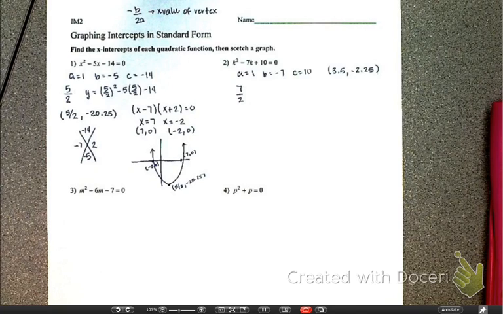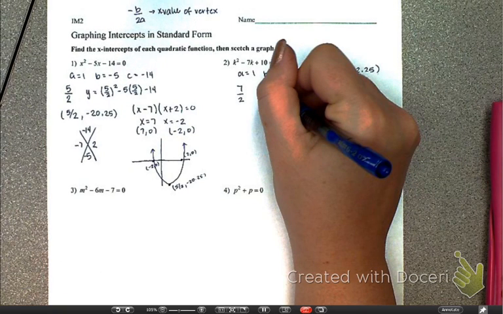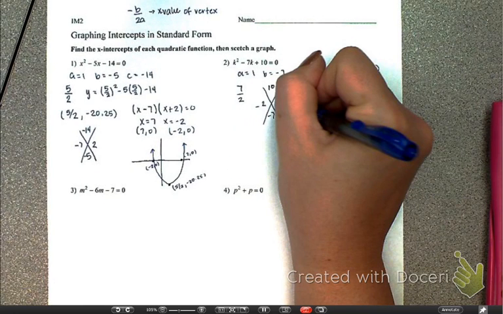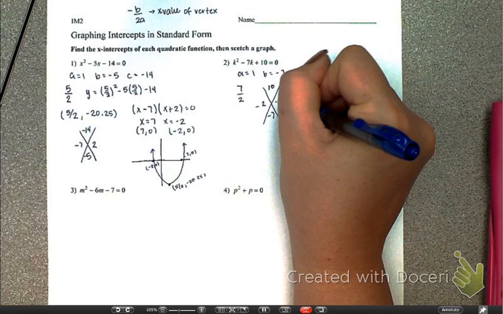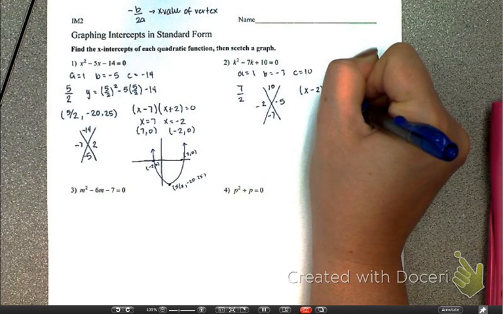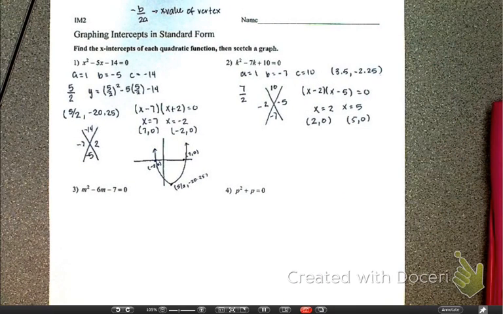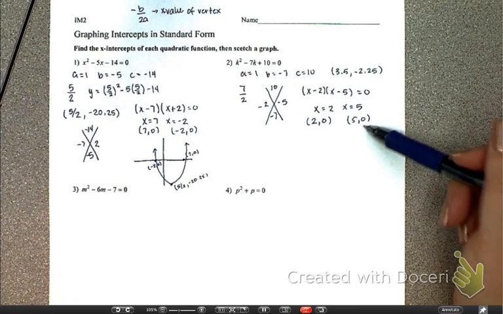Again, when you factor, you're going to use the x. So 10 and -7, -2, -5, giving you x minus 2 and x minus 5, which means your x-intercepts are at 2 and 5, or really 2, 0 and 5, 0. So if you're asked for the x-intercept, it needs to be written as a point.